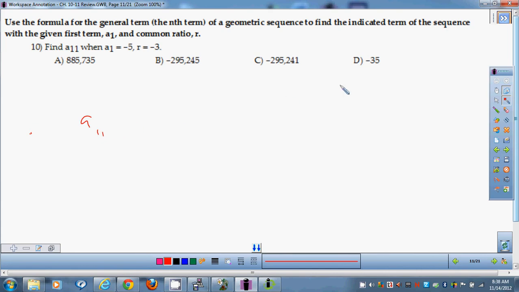And what was the general term for the geometric? Someone? What's the formula for the geometric general term? Just like that? Okay. A1 is -5. R is -3. What is N?